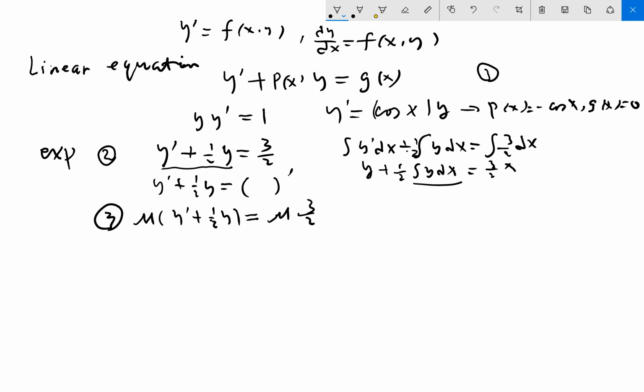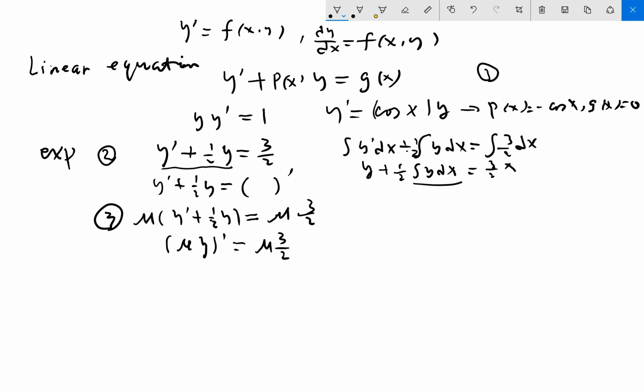Okay. So equation 3 will have the same solution as equation 2. But after multiplying by mu, we hope we can write the left-hand side as something like this: (mu y) prime equals mu times 3/2. If we know what mu is, then we can integrate on both sides and solve it.